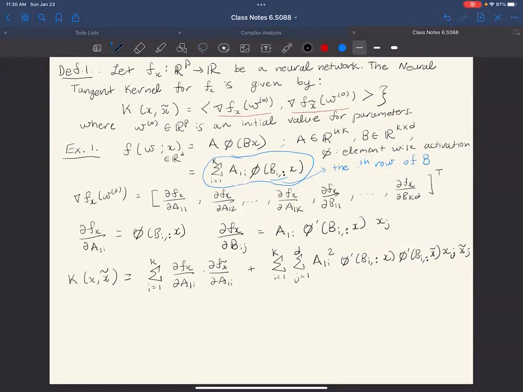And now you see here, there's a couple of things that have already appeared. Well, here, my partial f x of a1i times partial f x tilde of a1i, this is just going to be phi of bi colon x, phi of bi colon x tilde.